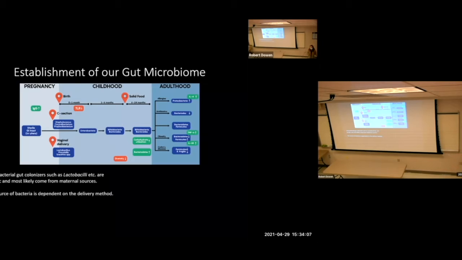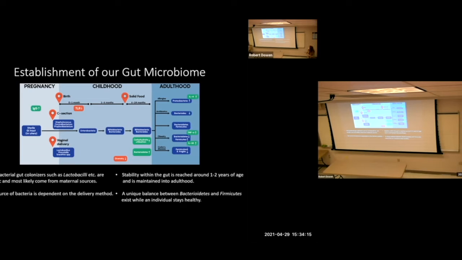But then as you grow and develop, we start having microbiomes that look a little bit more similar. Even though there are some things that are unique about everyone's microbiomes, there are hallmarks of a healthy microbiome, which we'll touch on a little bit later. Everyone has a unique balance of Bacteroidetes and Firmicutes, which are phyla of bacteria.